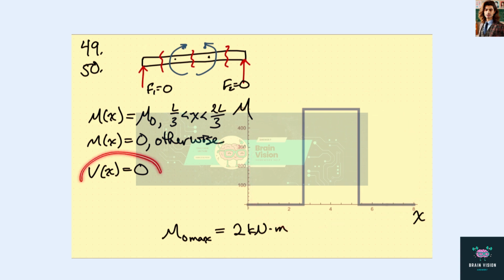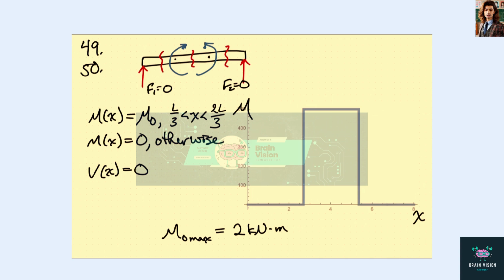Which means that the shear is going to be 0 everywhere, so we don't have to worry about that constraint. That's easily satisfied. And so the constraint we need to worry about is the maximum moment being 2 kilonewton meters. Well, we know that the maximum moment occurs in this central region here, and it's just whatever this value is.